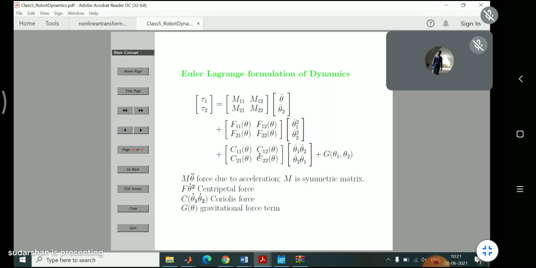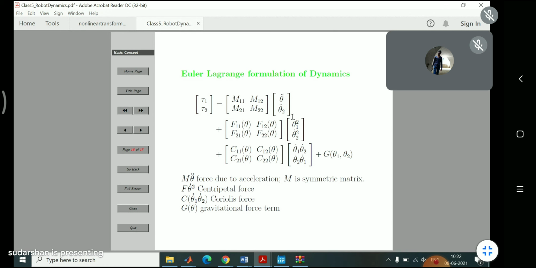Third term is called as the Coriolis force. Okay, so in the Coriolis force, the terms will be theta 1 dot, theta 2 dot. In the centripetal force, it will be theta 1 dot square, theta 2 dot square. In the force due to acceleration, the terms will be theta 1 double dot, theta 2 double dot.